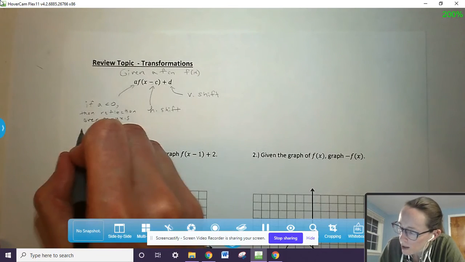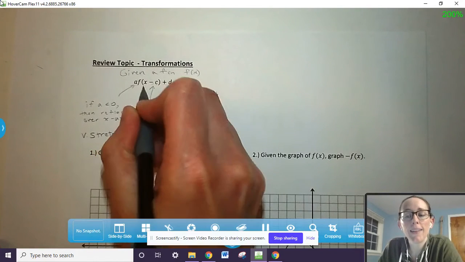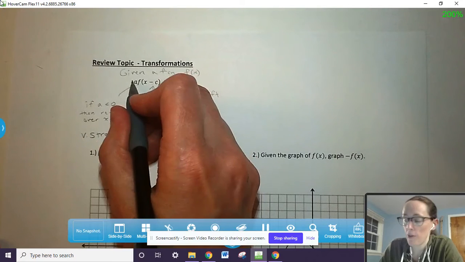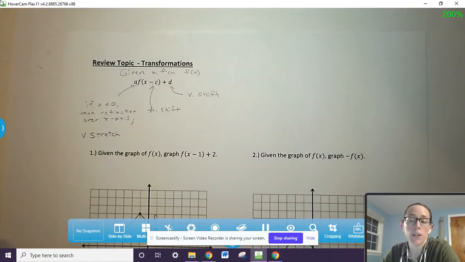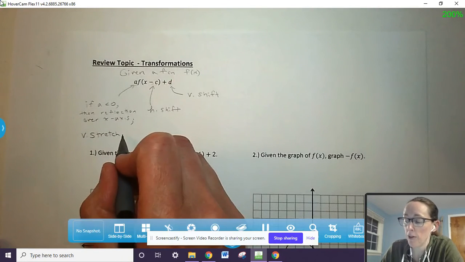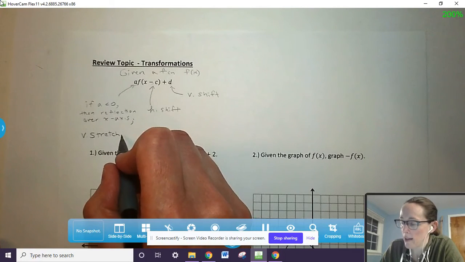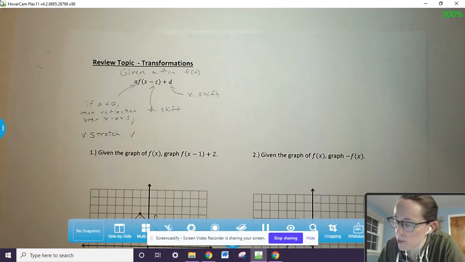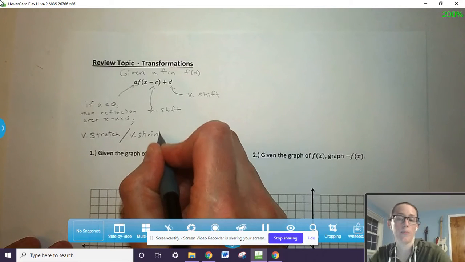So if we have a number out front that we're multiplying by whose absolute value is larger than 1, like a 2, or a 5, or a 3/2, or even if it's negative, it can still be a vertical stretch. So if the absolute value of the number you're multiplying by out front is bigger than 1, it's a vertical stretch. And if you multiply out front by a fraction, a number between 0 and 1, whether it's positive or negative, that's going to cause a vertical shrink.